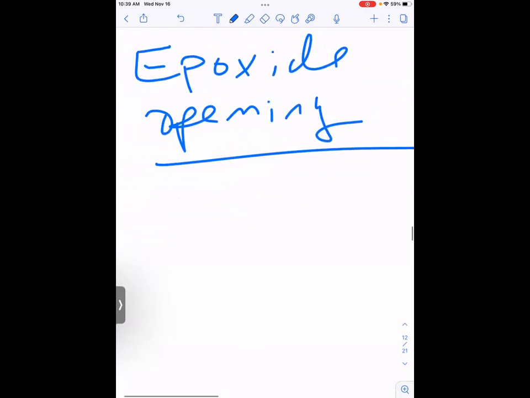All right, so when you open an epoxide, it's going to depend on the conditions. So under acidic conditions or neutral conditions.